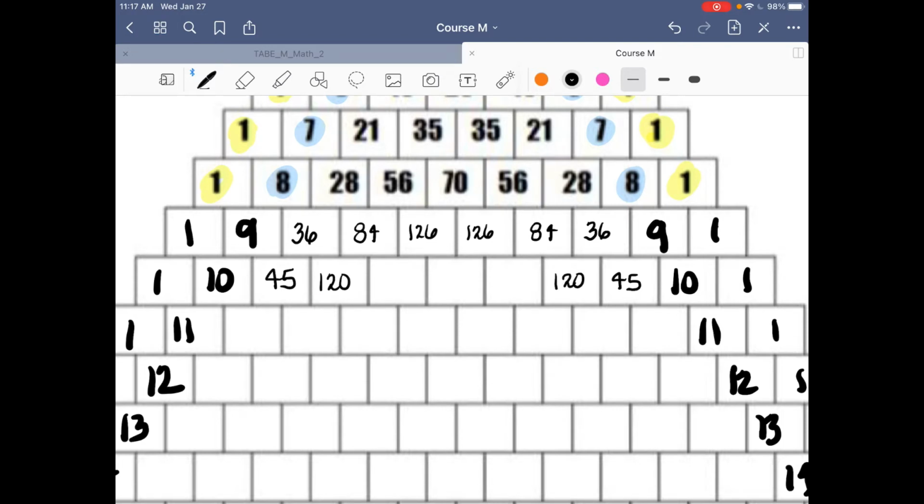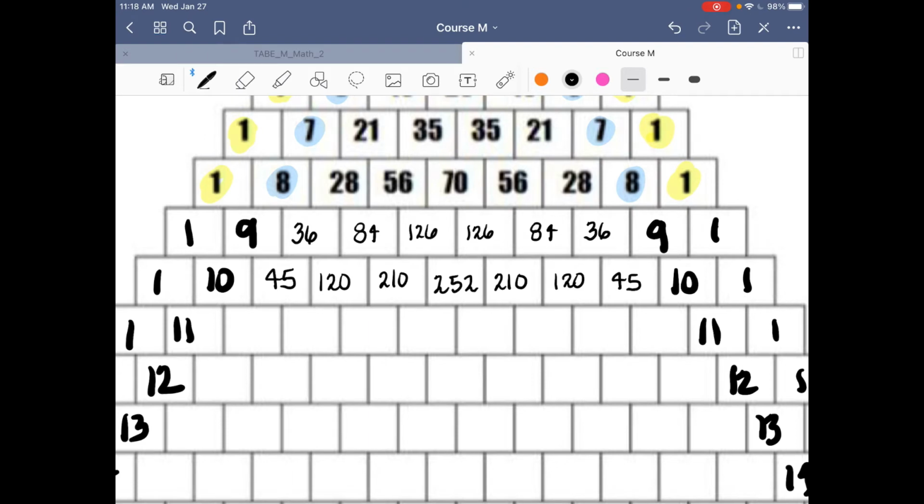Then 84 and 126 is 210, put that in twice. And then 126 times 2 is 252. And that one just goes in once.